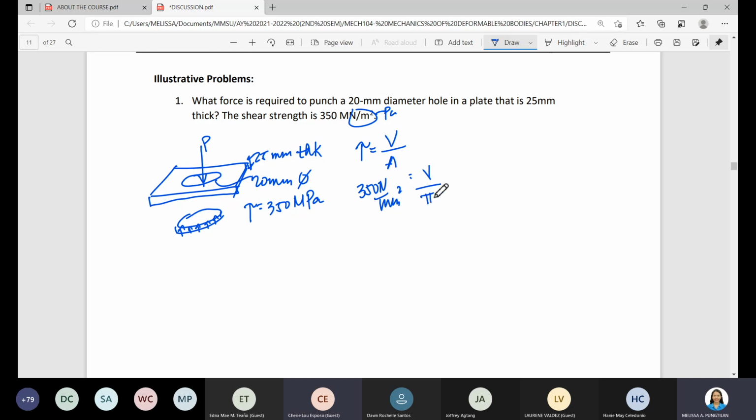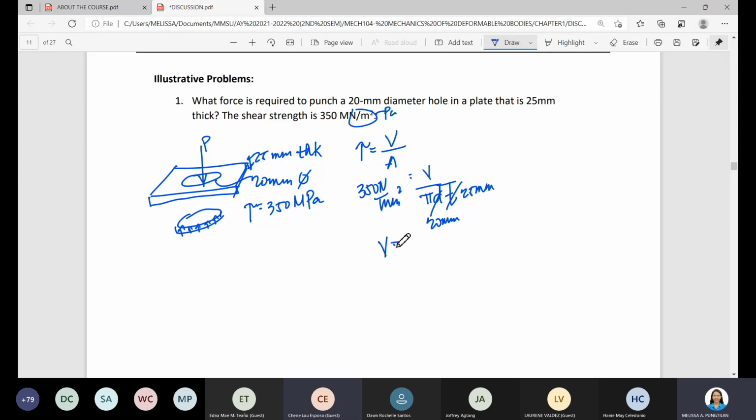So we have pi d, circumference multiplied by the thickness. Okay, so meron na tayo ditong diameter, which is 20 mm. And then thickness, which is equal to 25 mm.